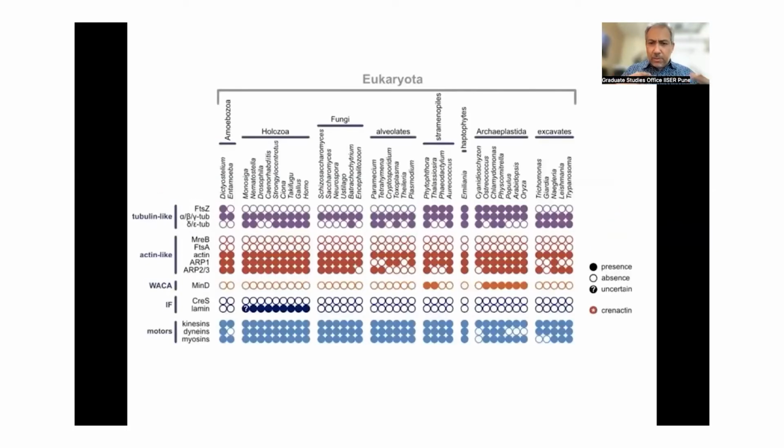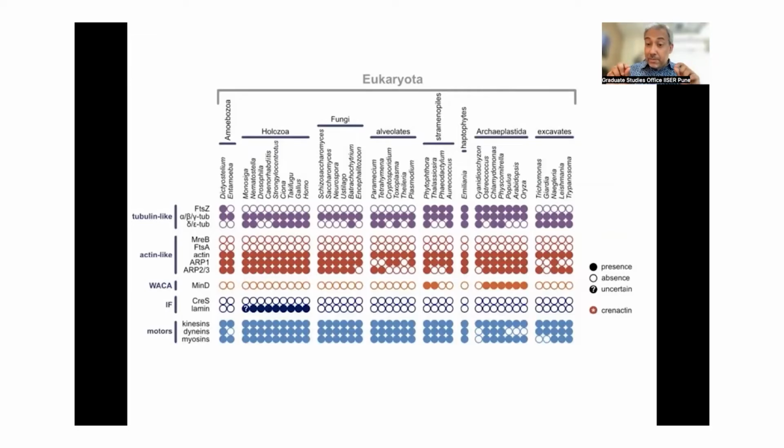Just as a reminder, last time we spoke about the evolution of motor proteins, and I'm reminding you that these motor proteins that we are going to talk about, kinesin, dynein, myosins, all, if you remember, suddenly evolved in the eukaryotic systems. And in the early prokaryotes, we don't see any of these motor proteins.